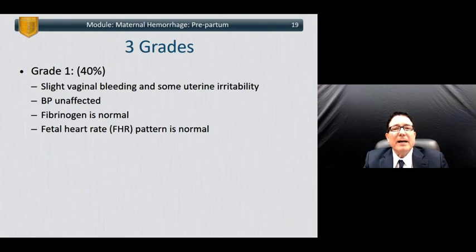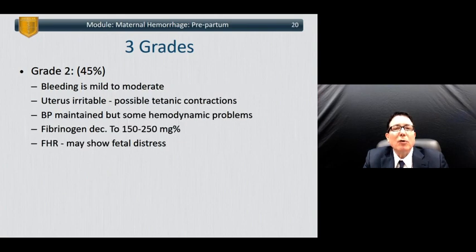It's classified into 3 grades. Grade 1, which happens in about 40% of patients, slight vaginal bleeding and some uterine irritability. Usually patients are normotensive, or if there are any variations in hemodynamics, not much. Fibrinogen is normal, so coagulation is usually fine, and fetal heart rate pattern is normal.